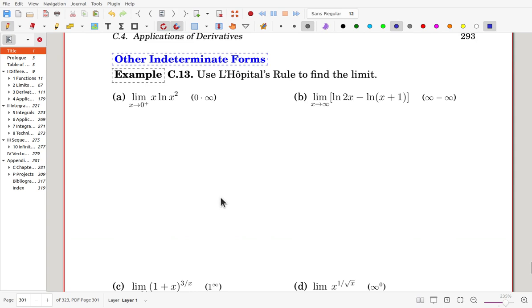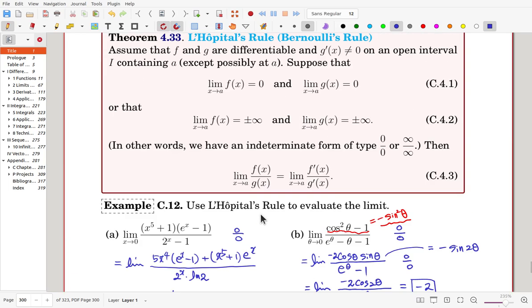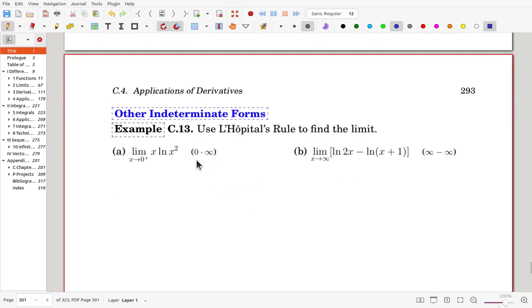Other indeterminate forms. Originally, L'Hopital's rule was developed for fractions, but here we have 0 times infinity, or infinity minus infinity. For this one, once x approaches 0 from the right, this becomes 0 and that portion becomes infinity.